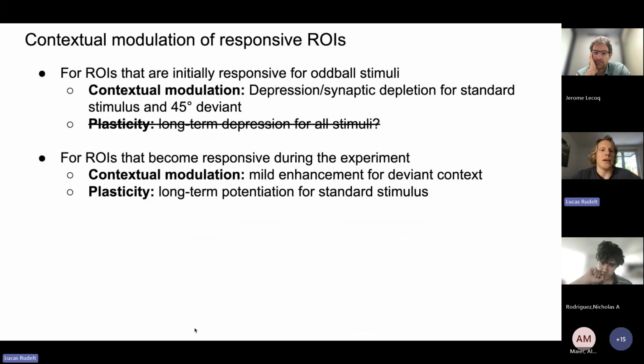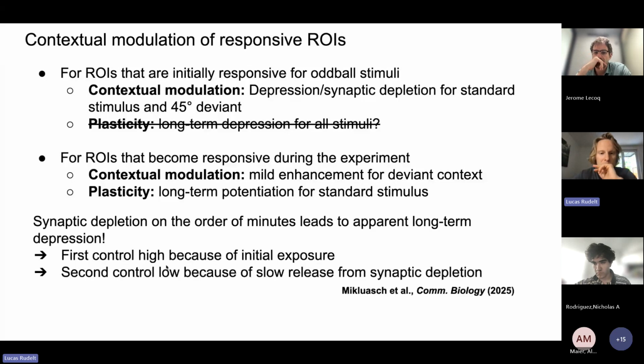Okay, so how does it fit into the picture I've shown you before? I'd say everything stays the same, but this conclusion that there's long-term depression for ROIs that are initially responsive is not the case. This seems to be rather an effect of synaptic depletion that leads to apparent long-term depression.